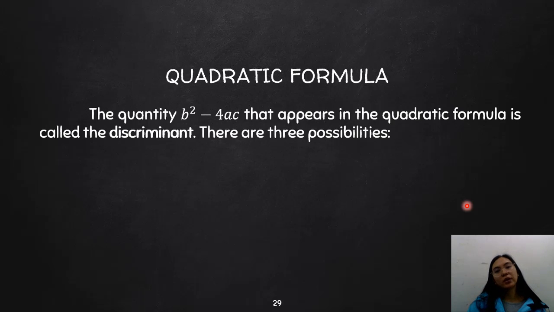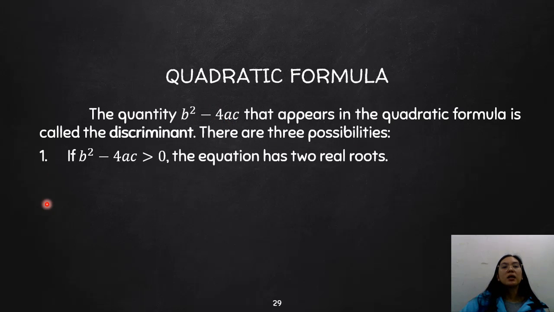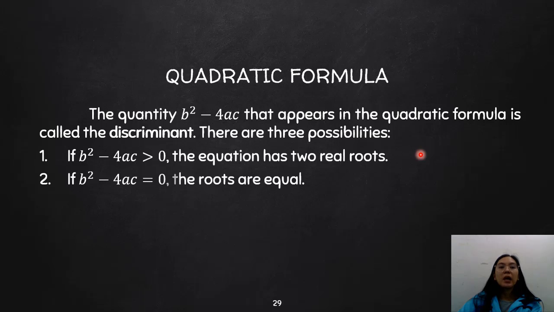So the quantity b squared minus 4ac that appears in the quadratic formula is called your discriminant. So itong b squared minus 4ac, yung nasa loob ng square root sign kanina, there are three possibilities, depende sa value ng inyong discriminant. So kunyari, if b squared minus 4ac is greater than 0, ibig sabihin yung equation nyo, they have two real roots.